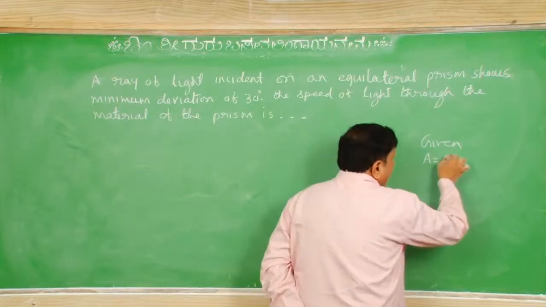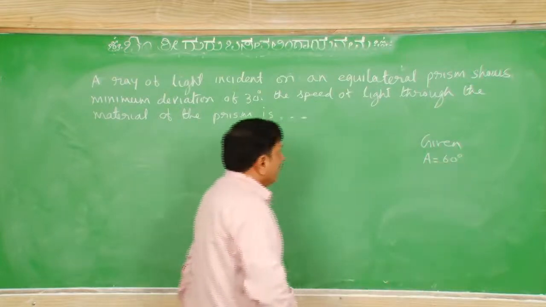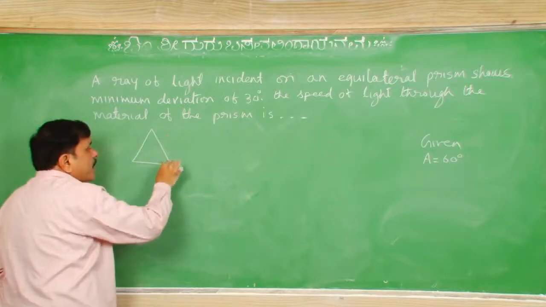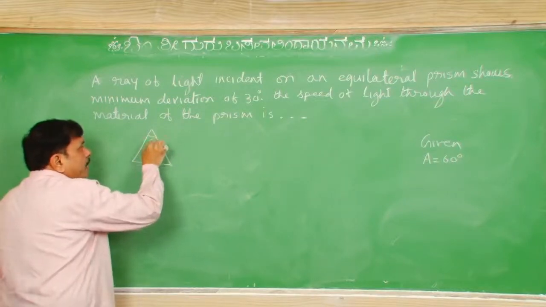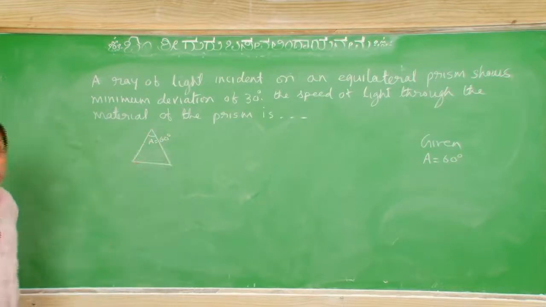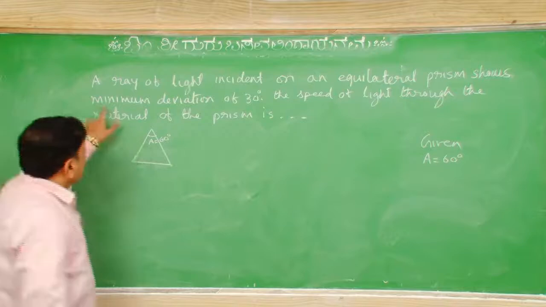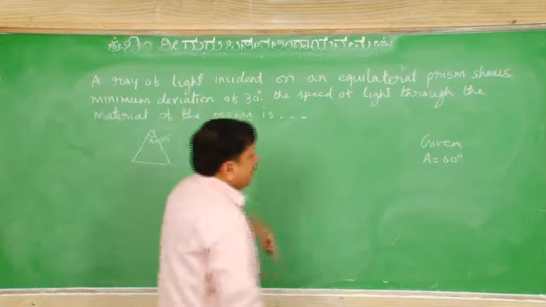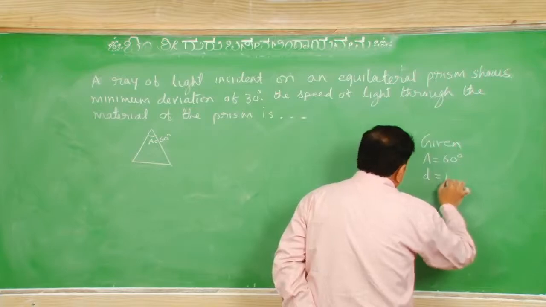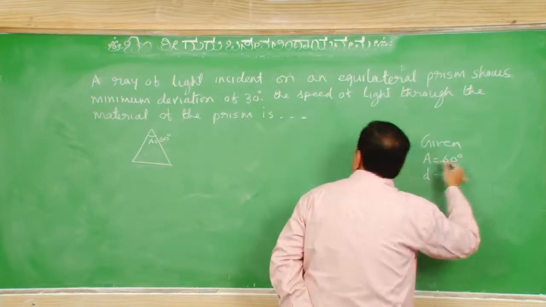Well, when an equilateral prism is given, it means all the three angles of the prism will be the same, and here we can take directly A equal to 60 degree. Now, the minimum deviation is 30 degree, so D is equal to 30 degree.